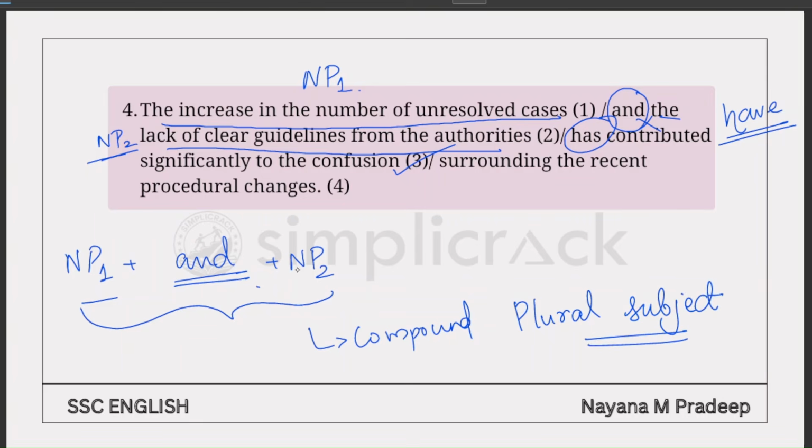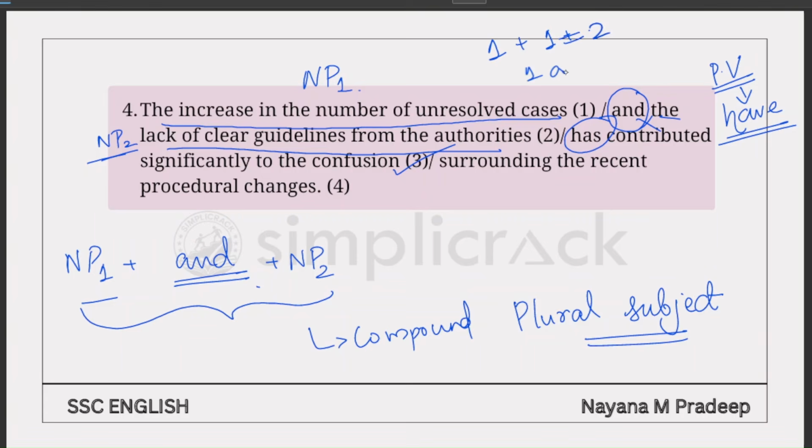So even if the first subject is singular, even if the second subject is singular, it doesn't matter, because when two singular subjects are joined together by the conjunction and, it constitutes a compound plural subject. Therefore, you have to use a plural verb. Since we have a compound plural subject, you have to use a plural verb have. See, we know that 1 plus 1 equals 2.